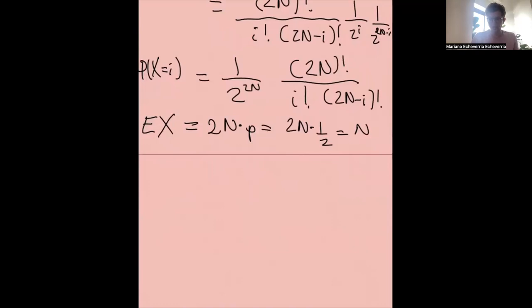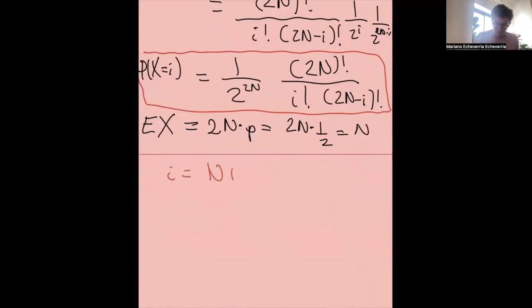So it's better to rewrite this expression. I'll write I as n plus m. That way I'm measuring I with respect to the average value, because m will be the number of additional particles above average that are on the right side of the container.